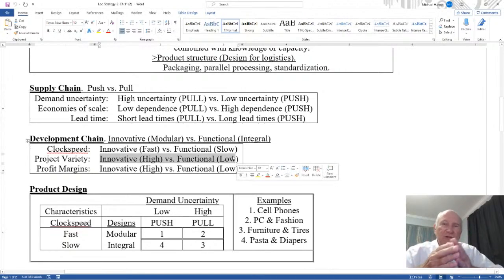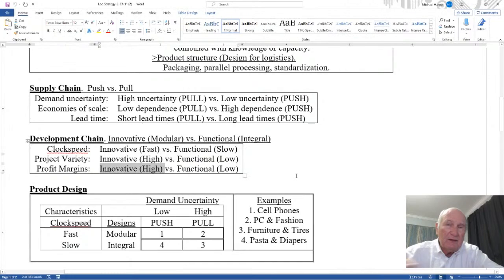In other words, you'll have a commodity, and that commodity really doesn't change over time. And then finally, profit margins are usually high because there's a lot of operations that go into the innovative products. But then the functional are fairly low profit margins because you have economies of scale, and you can drive down the cost.